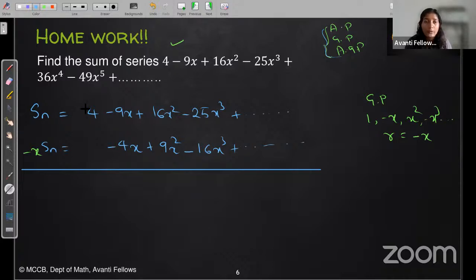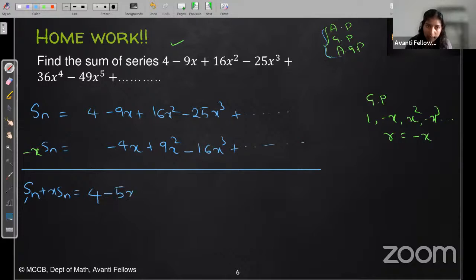Here we have to take the difference of these both. So take the difference of Sn and minus x Sn. What will it be? Sn minus of minus x Sn will be plus x Sn, equal to 4 minus 0 as it is, minus 9x minus of minus 4x will be what?